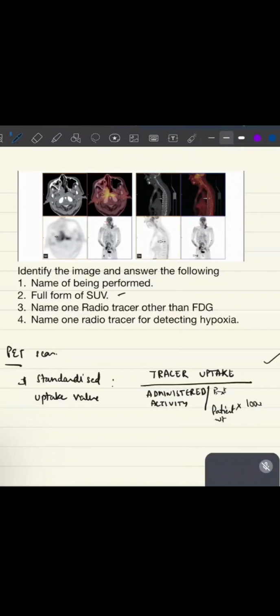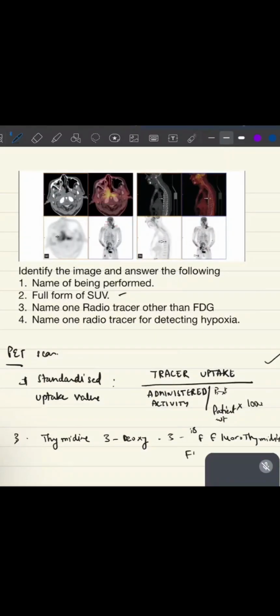Then they're asking to name one radio tracer other than FDG. So we all remember the full form of FDG, but please remember one extra. This is 3-deoxy, 3-18F fluorothymidine. Sorry for the long name, but cannot help it. In short form they call it FLT.